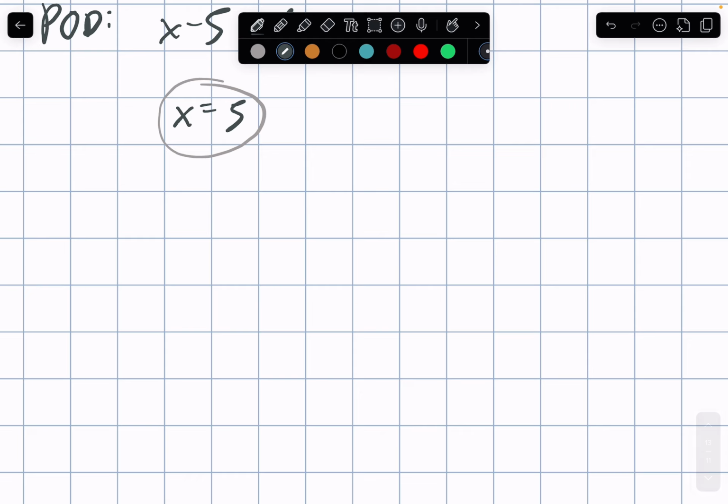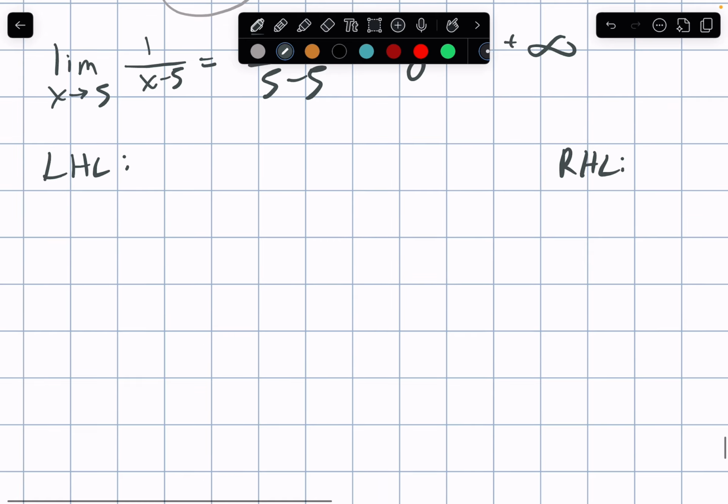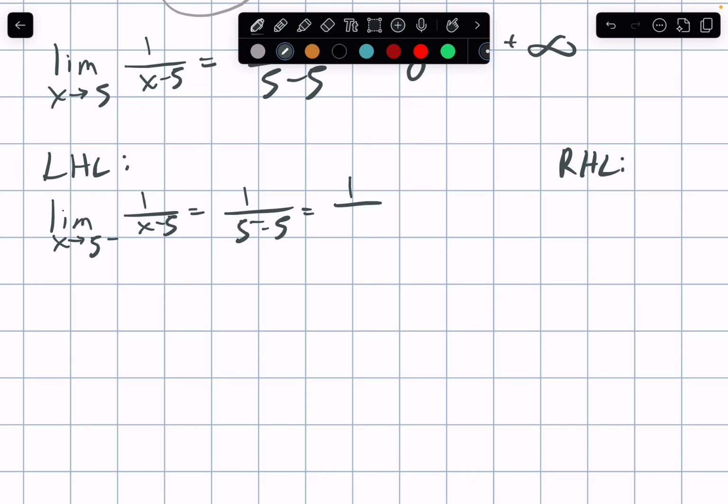Let's identify if there is an infinite discontinuity. So as x approaches 5 of this function, let's try to substitute directly. So constant over 0, that's going to equal to infinity. Let's identify the left hand and right hand limit. For the left hand limit, this is negative infinity.